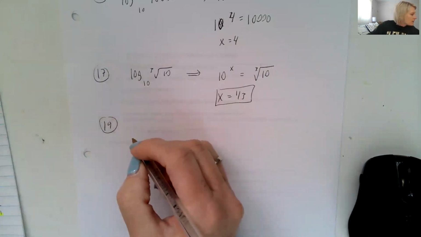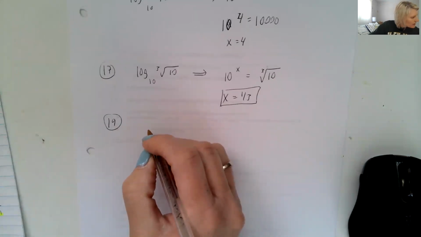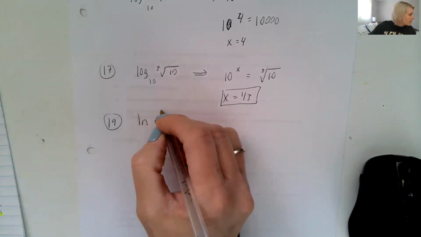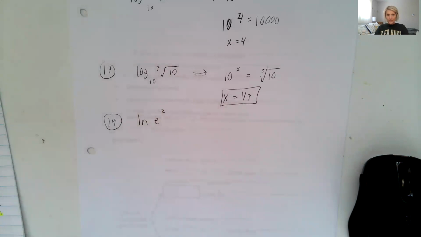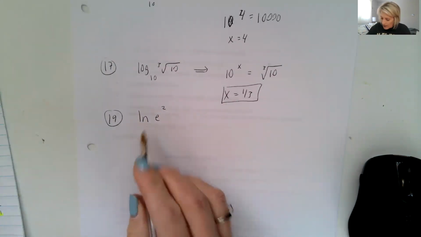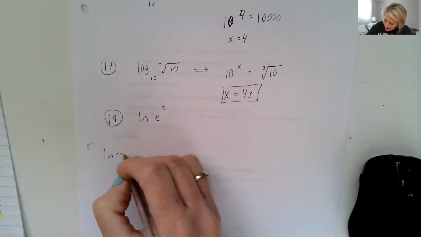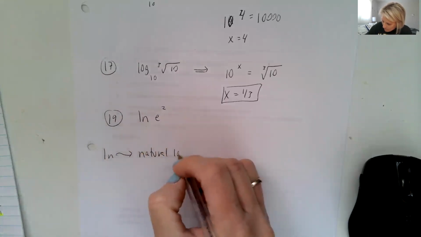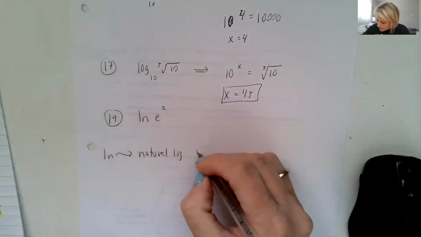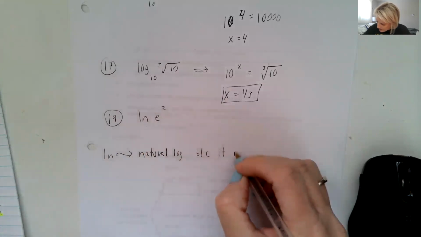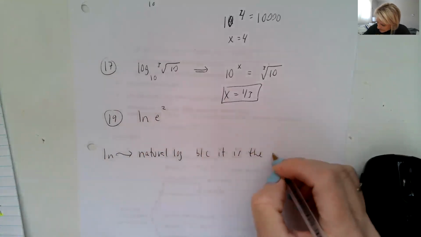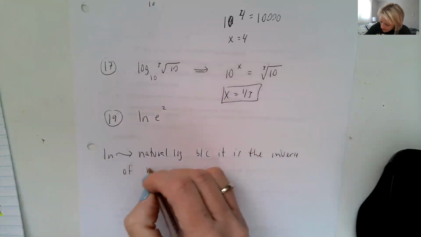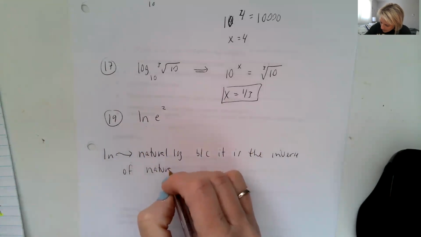So let's look at number 19. So number 19 says, ooh, this is a new one, ln e squared. Natural log. So this ln is considered the natural log because it's the inverse of the natural number e when we talk about exponents.